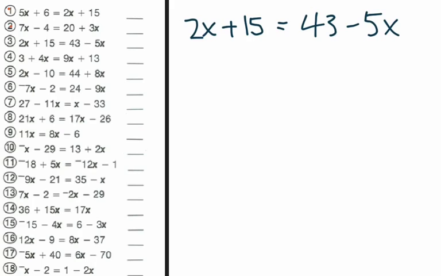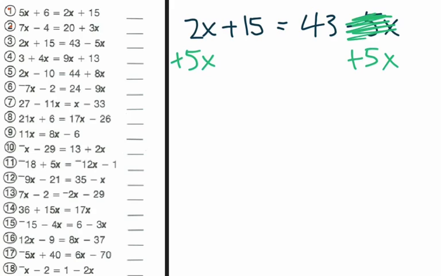I have a negative 5x, and I have a positive 2x. The negative 5x is actually the smaller one. So we're going to move the negative 5x. Well, to undo a negative 5x, or to move the minus 5x, we're going to add it. So we're going to add 5x to both sides.